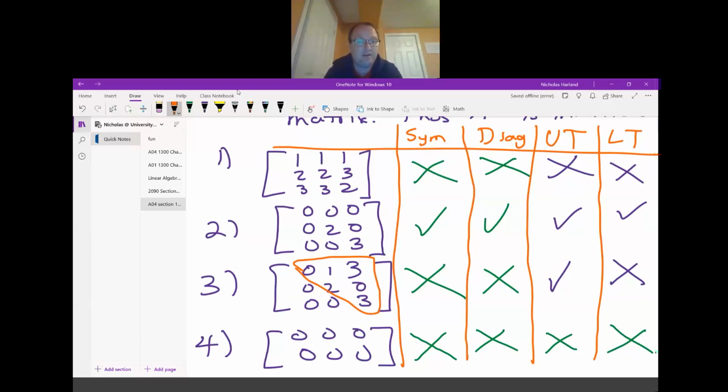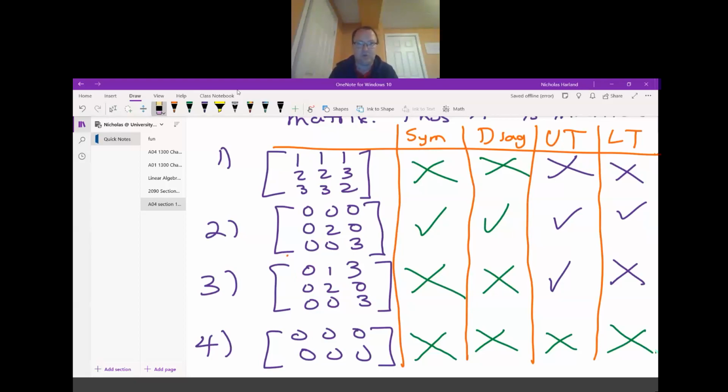Being upper triangular means everything below the main diagonal is 0. Just like for diagonal, everything off the diagonal is what we looked at. So being upper triangular means that everything below the main diagonal is 0, which is true for number 3. Being lower triangular would mean that everything above the main diagonal has to be 0. And that's not true. So that is our upper and our lower triangular matrices.